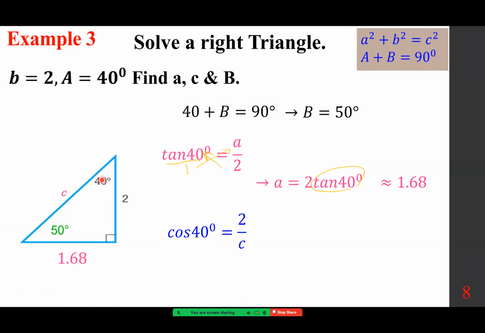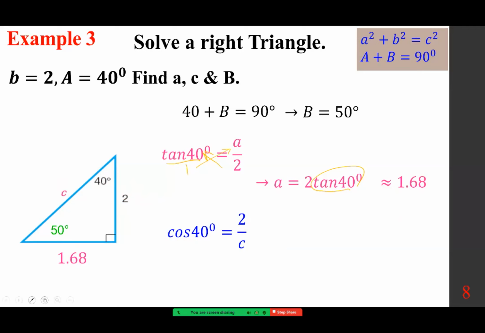I can use sine of 40 as 1.68 over c. I'd rather use what is given to me, again, because in any intermediate step, if we make a mistake, we don't want to take that route. So we want to use what is given as much as possible. So we're going to use 40 degrees and we're going to do 2. So cosine of 40 is 2 over c.